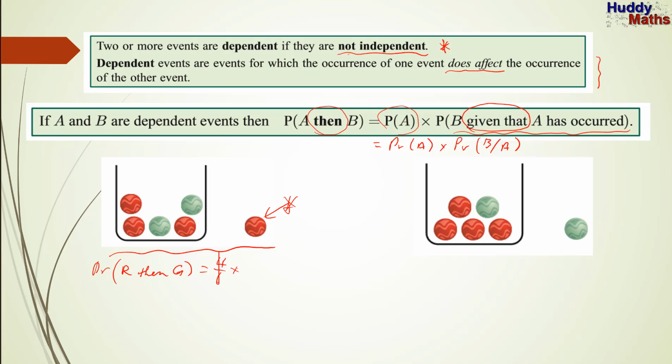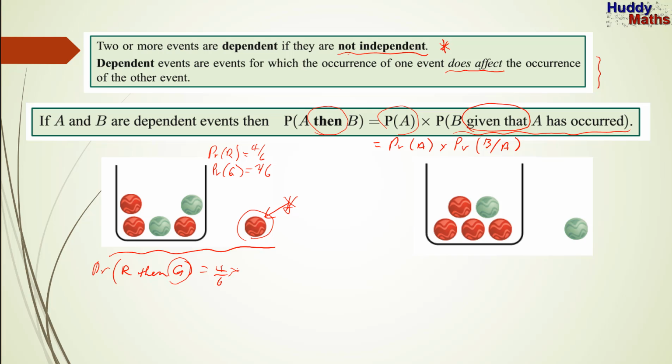Now the probability of a green has to be adjusted, because one has been pulled out. It was 2 out of 6. There were 4 reds and 2 greens. Originally, the probability of a red was 4 out of 6, and the probability of a green was 2 out of 6. But now we've drawn out a red. So the probability of a red was 4 out of 6. Now, what's the probability of a green?